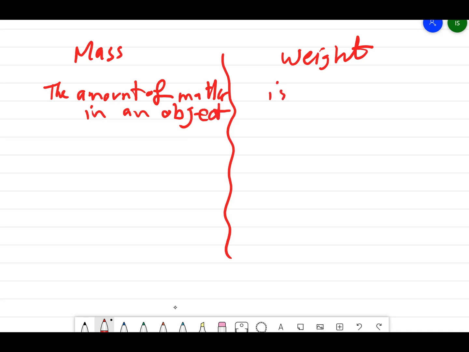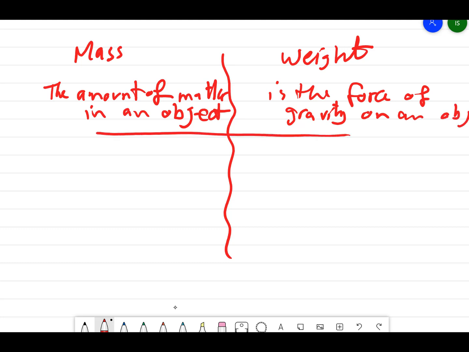Weight is the force of gravity on an object. Mass is measured in kilogram. Weight is measured in Newton.